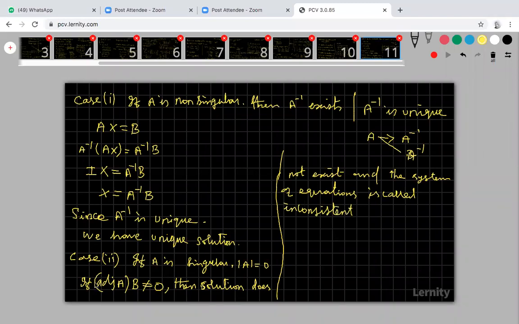When adjoint of A into B is not equal to 0, the system of equations is inconsistent and the solution does not exist.